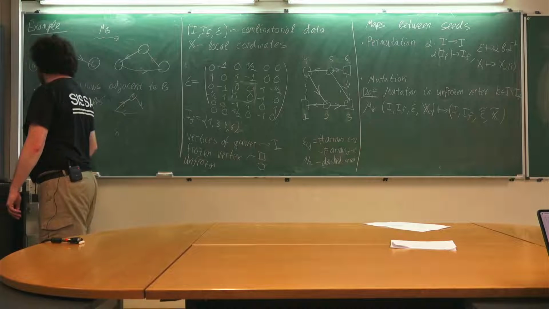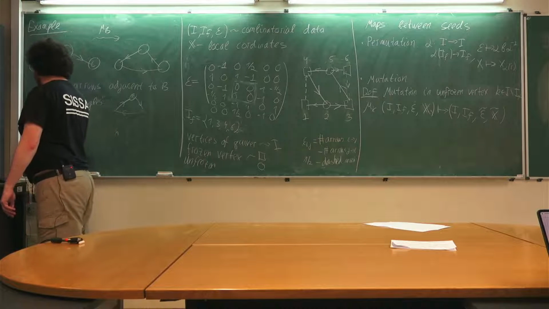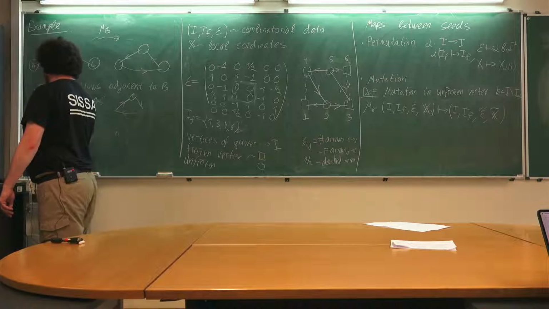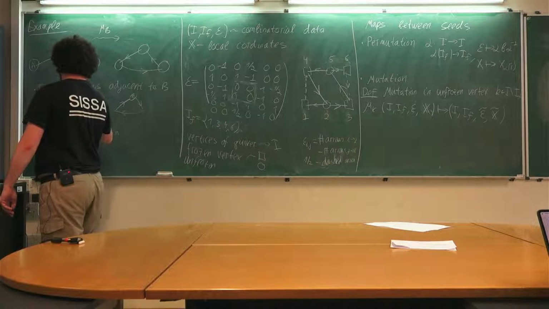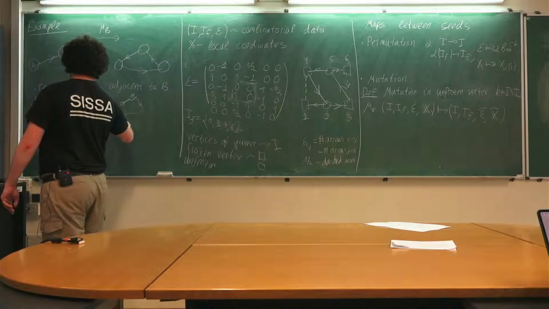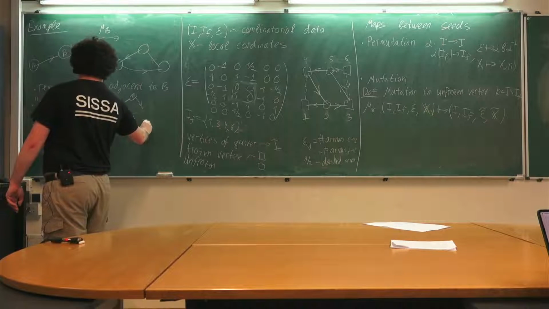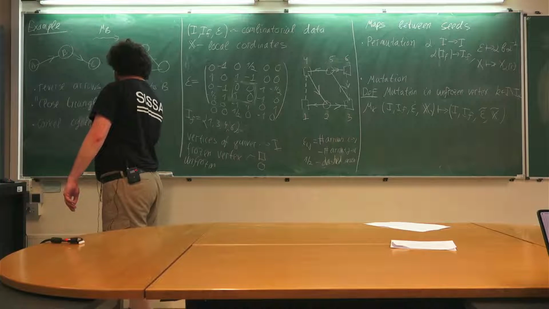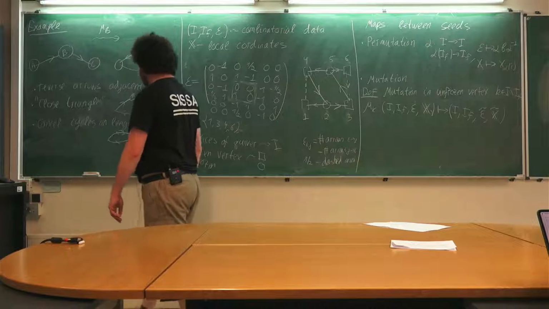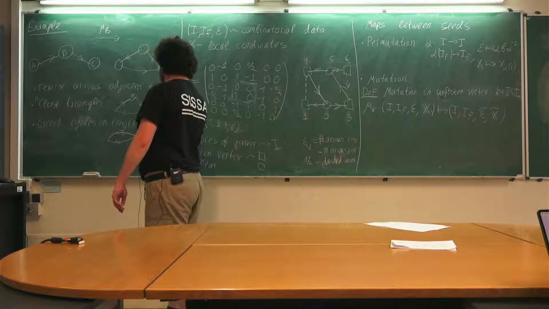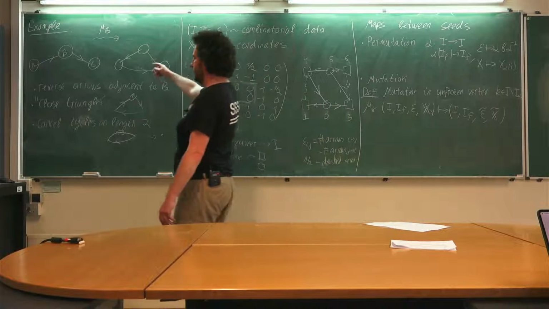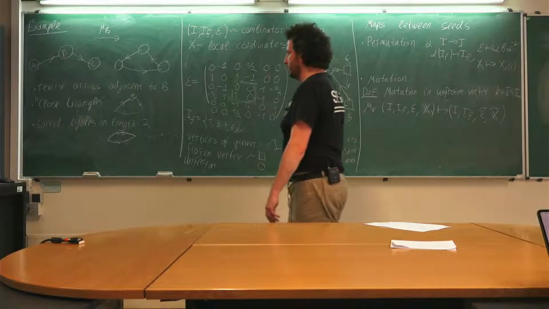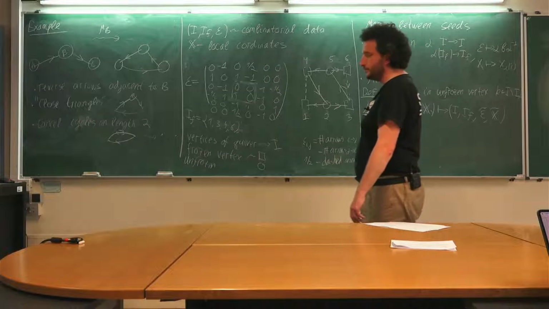And then we cancel double cycles of length 2. So if we have two arrows in opposite directions, we just replace them by no arrow. So this is the combinatorial part of the transformation.